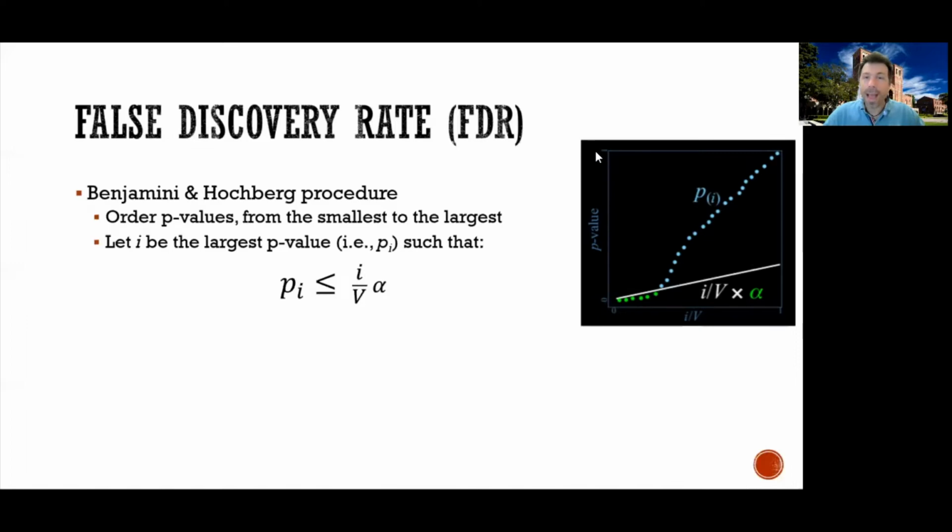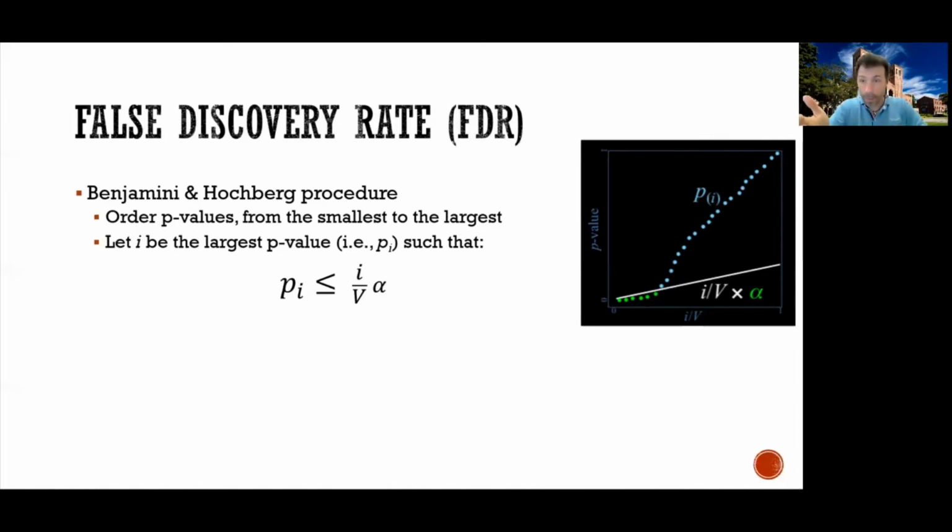And on the y-axis, I'm showing the actual p-value. So that's why the p-values go like this. These are really low p-values, and then I've put more and more to the right the higher p-values. So they're all ordered in a nice line.